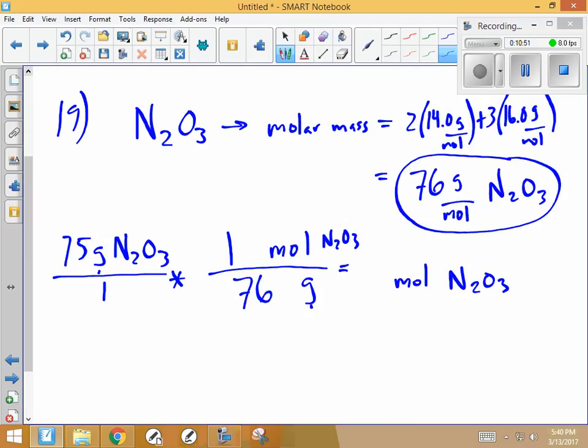We just turned this upside down. Grams cancel, and we end up with pretty much 1.0 mole. In fact, let's just see what we end up with when we calculate.